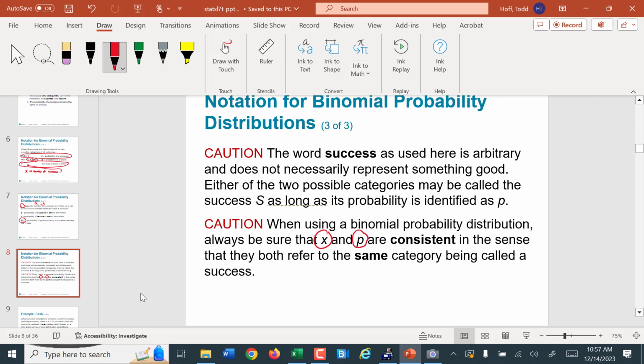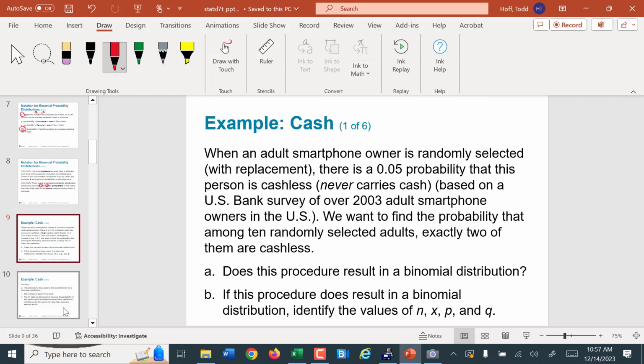And then we might ask, out of 10 randomly selected students, what's the probability that 8 of them do not have their laptops with them? Well, that's asking for different things. The 0.25 was the probability that they had their laptop, and now we're asking how many don't have their laptop. So we've got to make sure we're being consistent: the number that we're asking for, X, is represented by the probability P, the success.